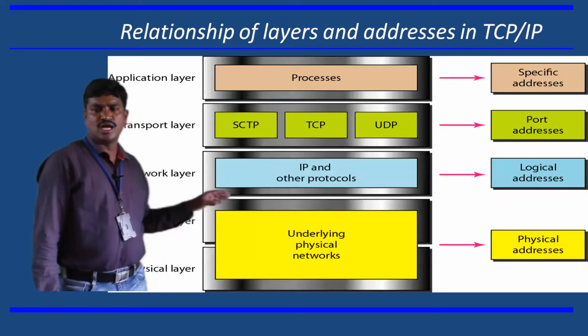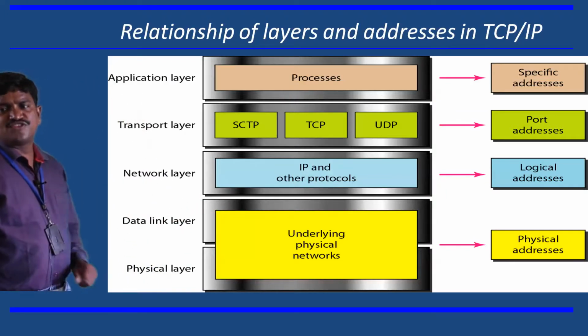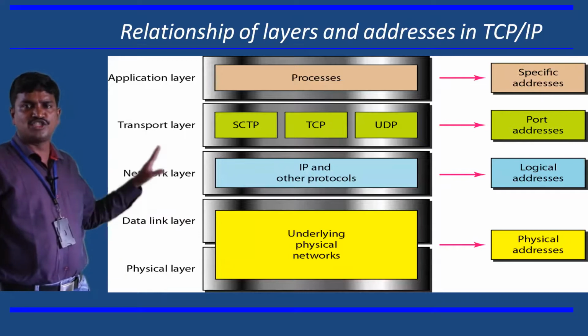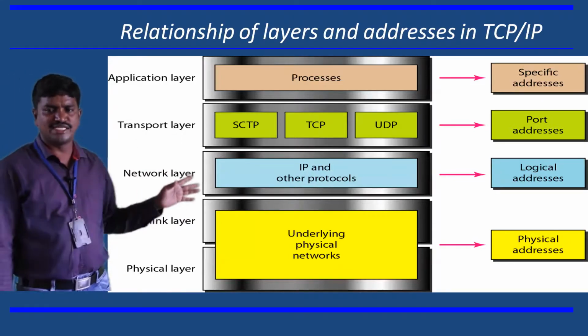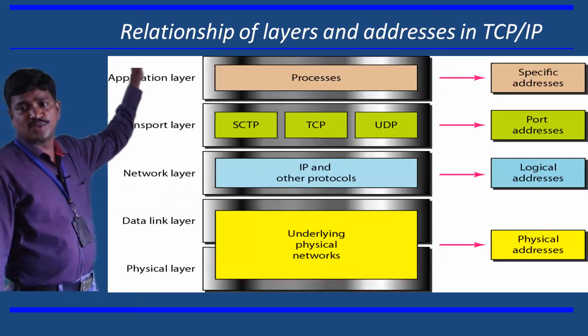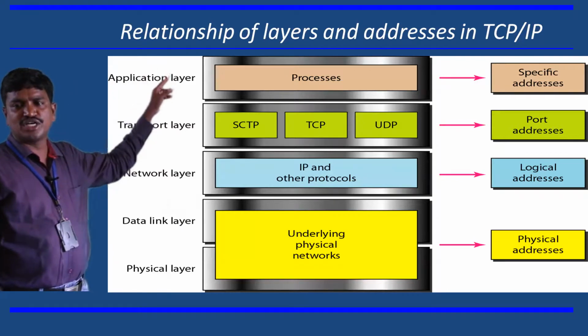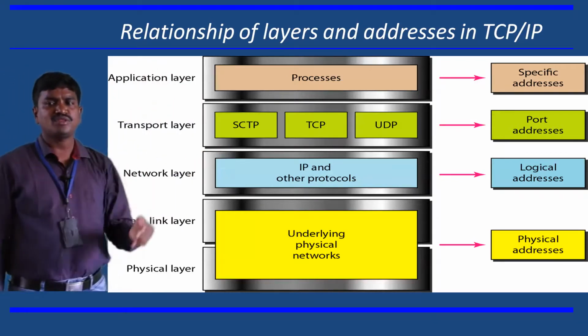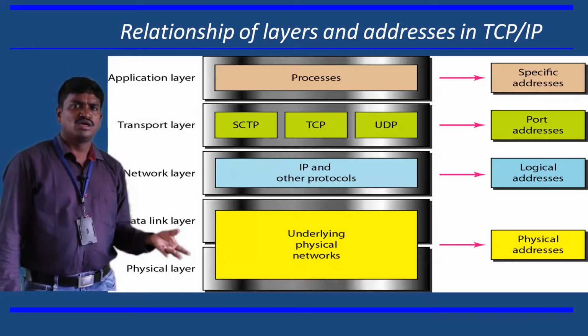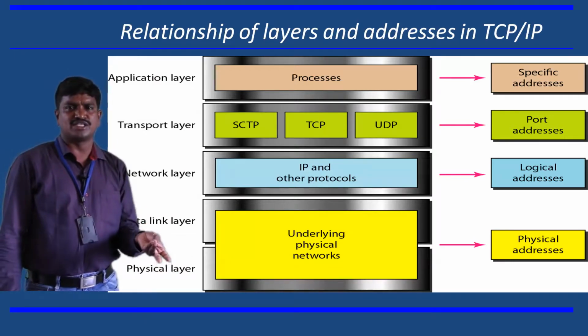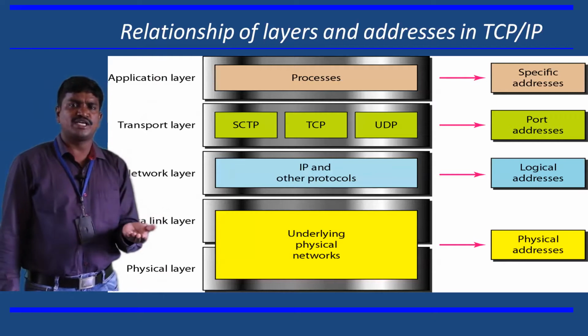Now, specific to the applications or layers, on which layer which addresses are used, we can easily identify now. If you see the application layer, in the application layer we always make use of specific addresses, because Facebook, WhatsApp, all these things are applications. We refer to those applications with the help of names.